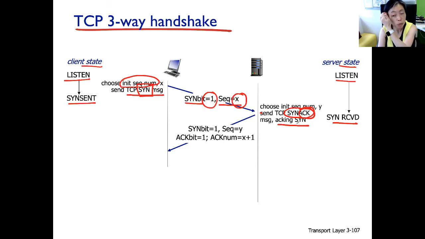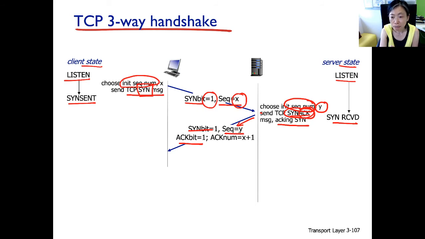The server here will be doing yet another thing. Choosing its own initial sequence number, and let's say it's Y, and this Y will be stored somewhere in the SYN ACK packet as well. So you see here, this packet goes back, and the SYN ACK packet is going to have the SYN bit on as well as the ACK bit on.